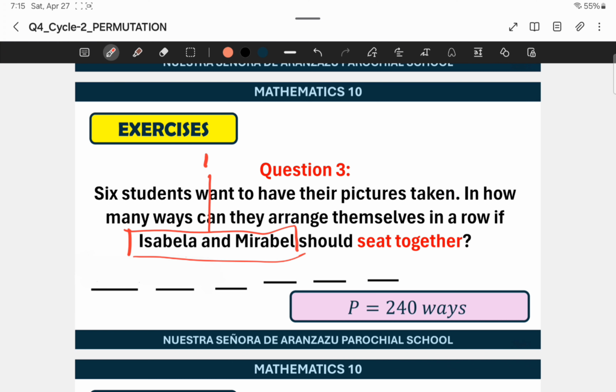Na kung kinount natin as 1 si Isabella and Mirabel, ilan na lang yung meron tayo na arrangement? We only have 5. Okay, so bakit naging 5? Kasi nga si Isabella and Mirabel pinag-isa, so mayroon pa tayong 4 na ina-arrange. So we have 5, 4, 3, 2, 1, or 5 factorial.